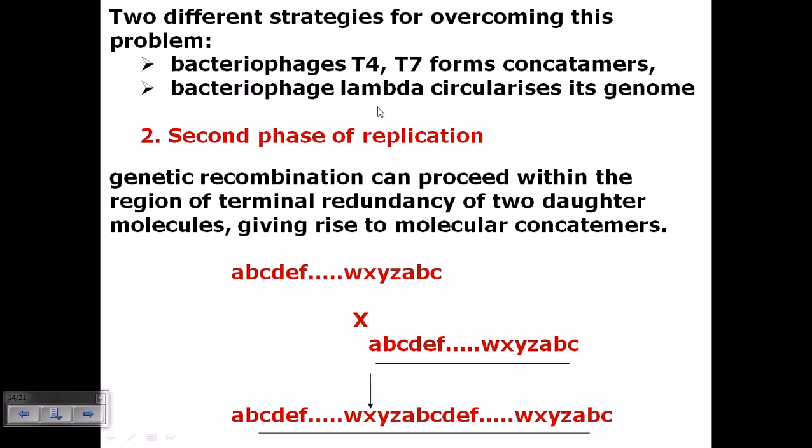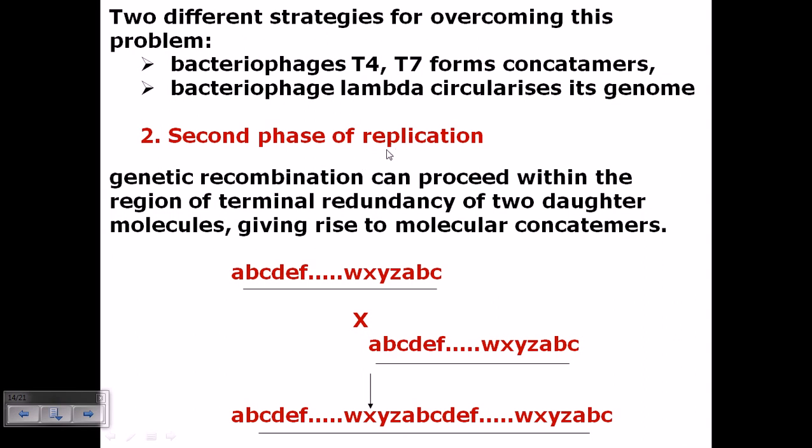But in the case of bacteriophage T4 and T7, how do they overcome that condition? They can do it via the formation of concatemers, and similarly via the formation of terminally redundant sequences. Now, what do we mean by terminally redundant sequence? We have already talked about it in the structure of the T4 phage genome in the previous video.